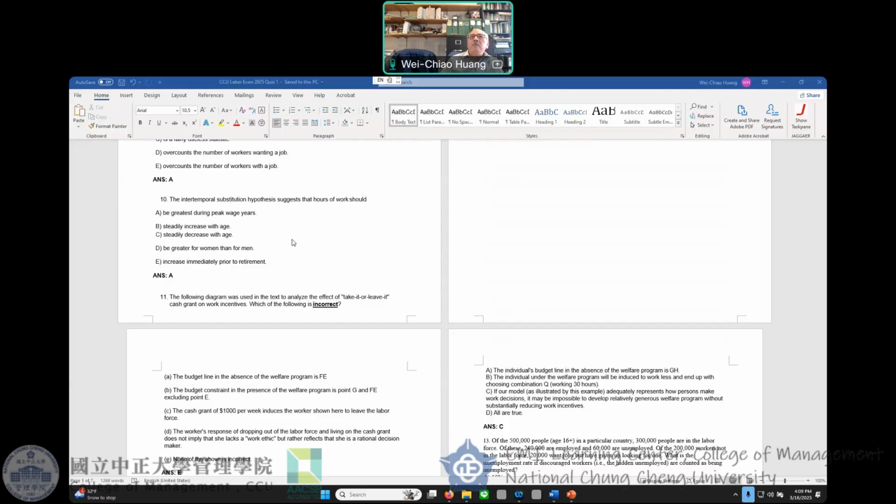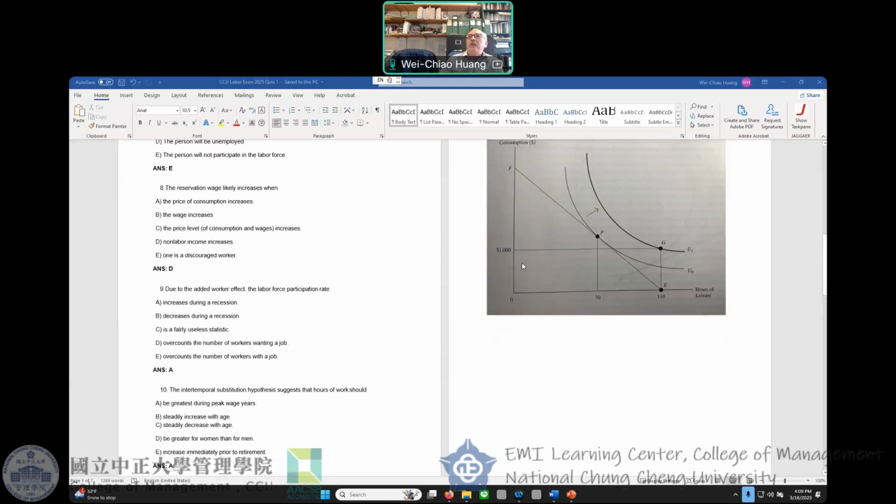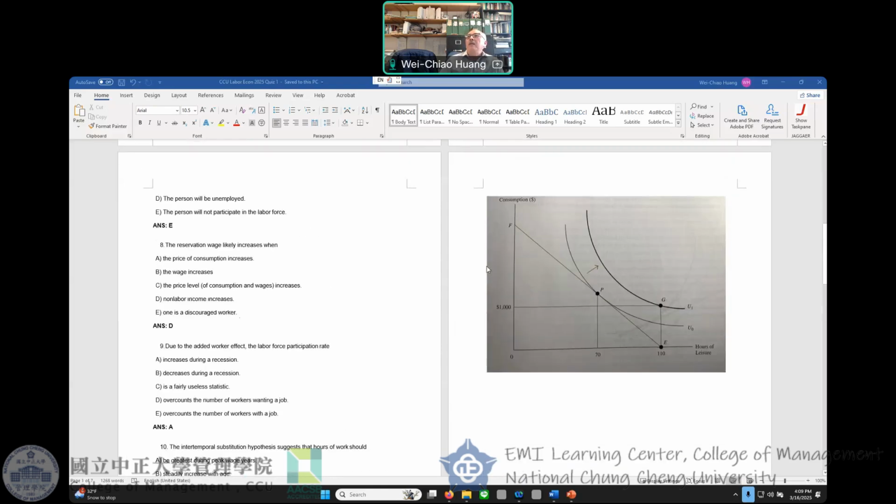Question 11. The following diagram was used in the text to analyze the effect of a take it or leave it cash grant on work incentives. Which one of the following is incorrect, is wrong? Okay. If you look at this picture, this is the one taken from the book. You can see the cash grant program.